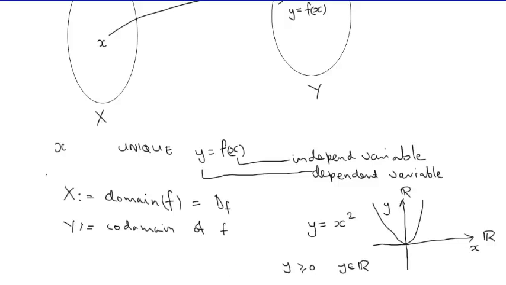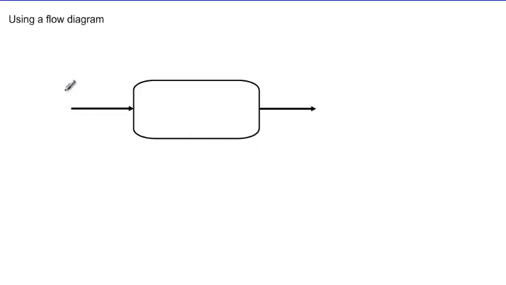Now, we also recall that a function is a kind of input-output system. Using a flow diagram, we can consider that this is a system. By system, we mean a collection of components or units which are connected in a certain way to perform a task.